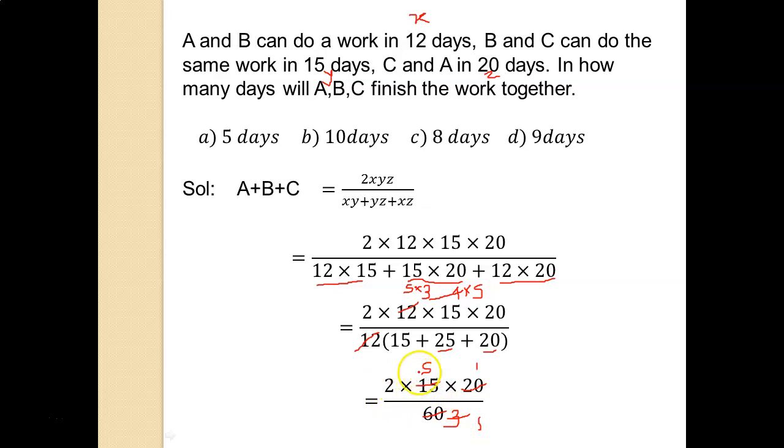So 2 into 5, 10. So write down 10. So 10 days will ABC finish the work together. So the 10 option is correct.